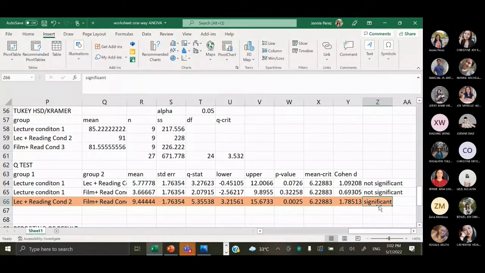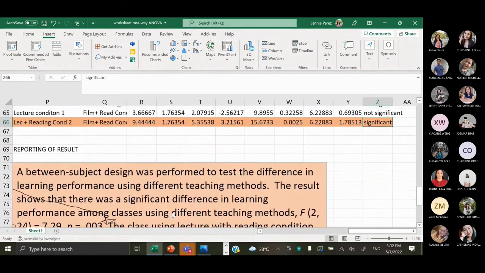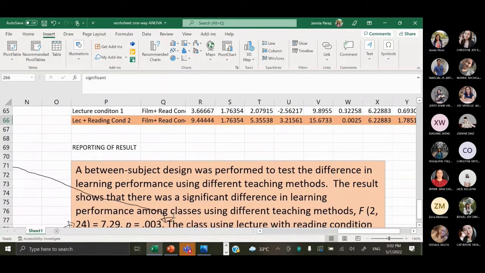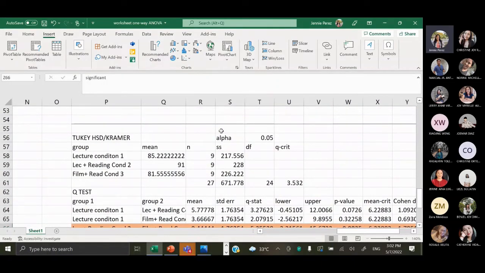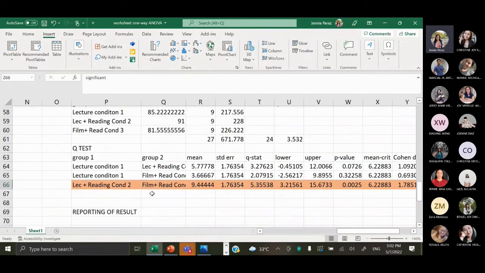So among the three teaching method conditions, the significant difference really lies only between the lecture plus reading condition and the film plus reading condition. So that is post-hoc analysis using Tukey HSD Kramer.